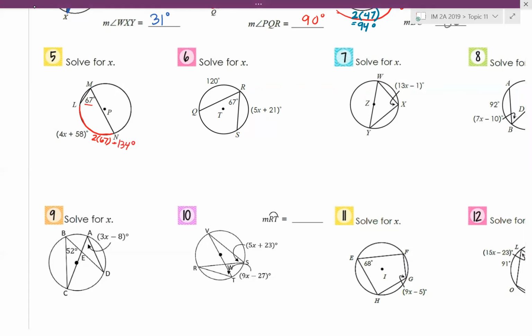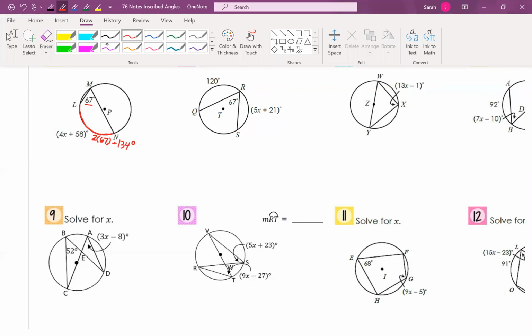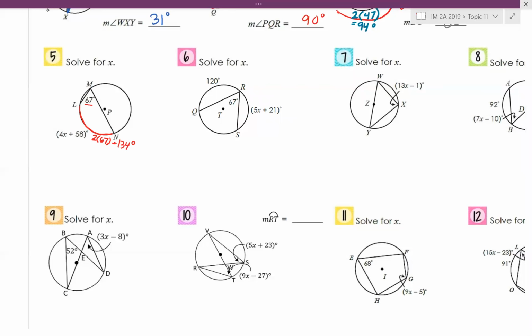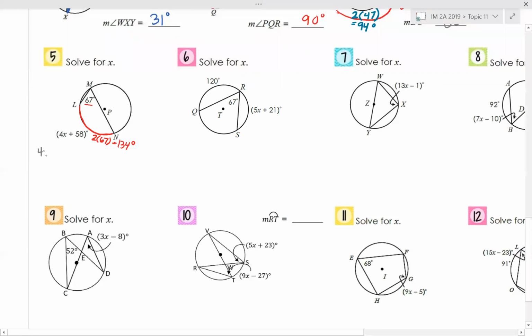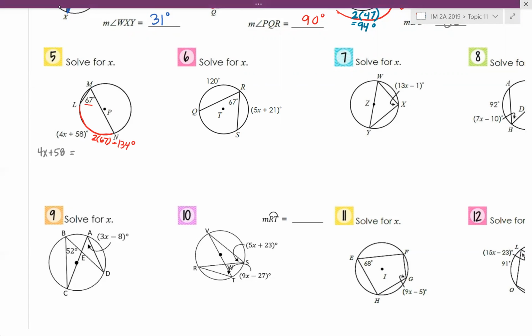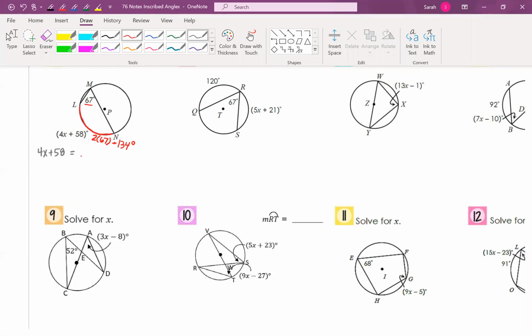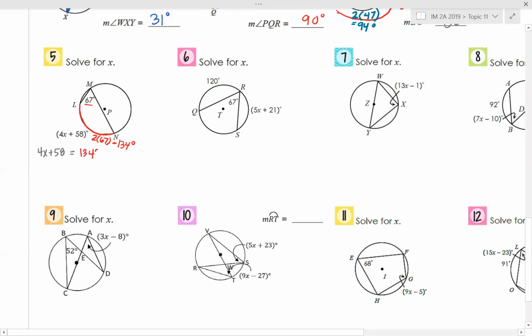So if I take the expression that they've given me for the arc, which is 4x plus 58, and I set that equal to 134 because I know it must be 134 degrees because of that inscribed angle of 67, then I can solve for x.